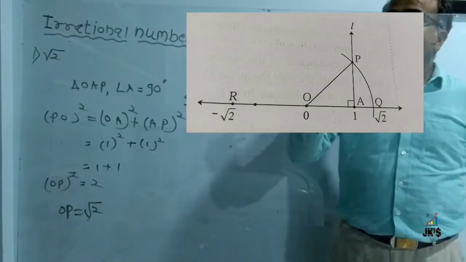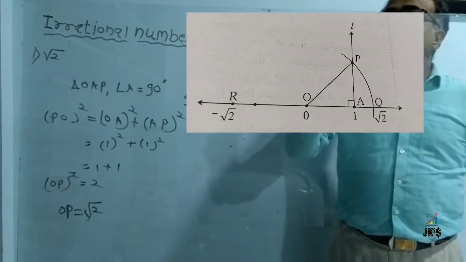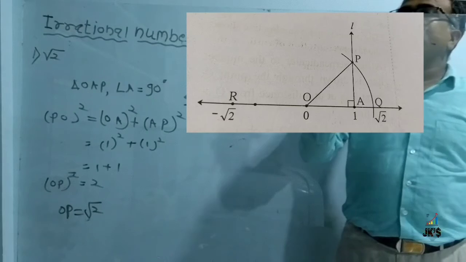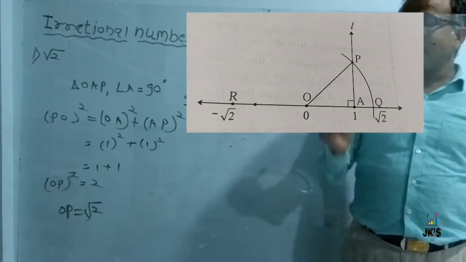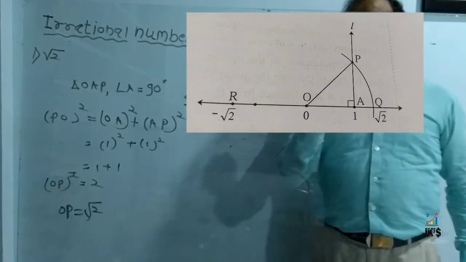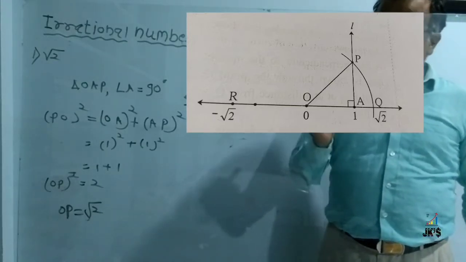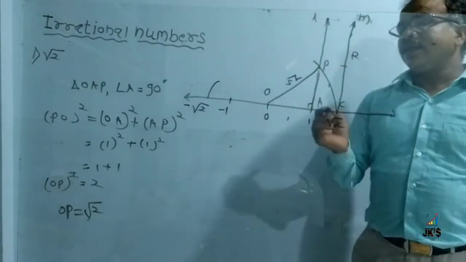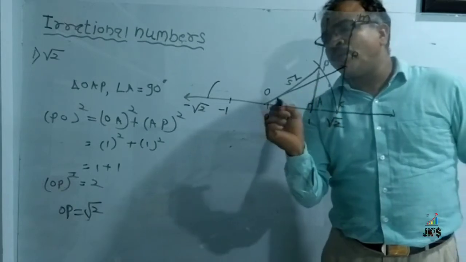Draw a perpendicular line M at point C to the number line, and take another point R at 1 unit distance from C, and we join RO.